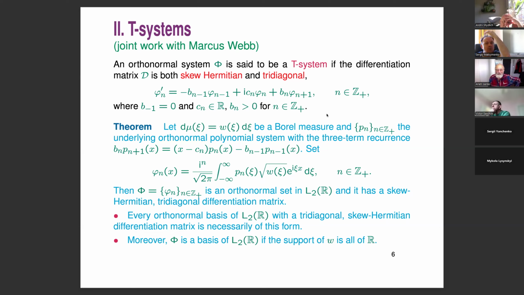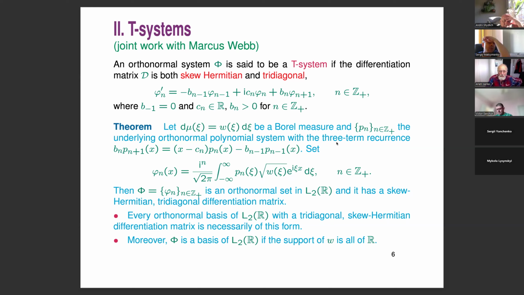So let us take any Borel measure d mu, which I can represent as w(psi) d psi, where w is a Radon-Nikodym derivative, and let P_n be the set of underlying orthogonal polynomials. And as you know, they are orthogonal with respect to an inner product defined by this measure.